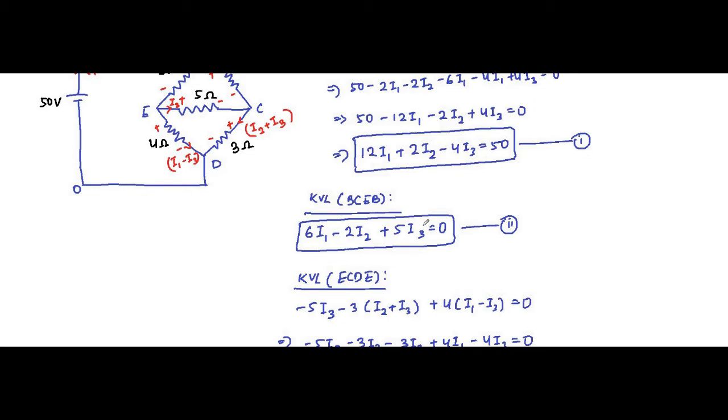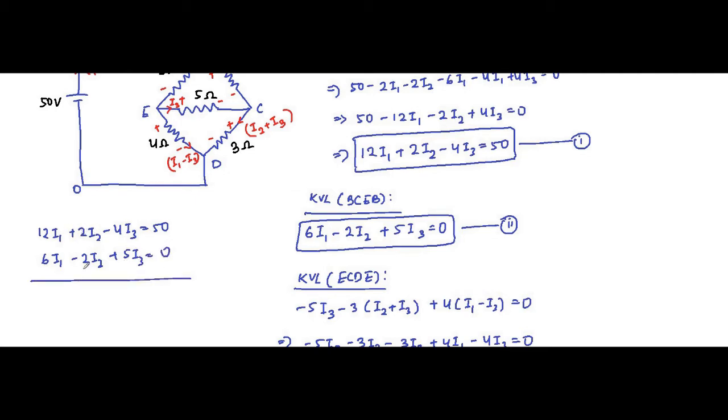Let us pick equation 1 and 2 first: 12I1 plus 2I2 minus 4I3 equals 50, and 6I1 minus 2I2 plus 5I3 equals 0.